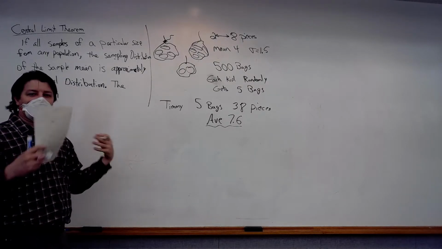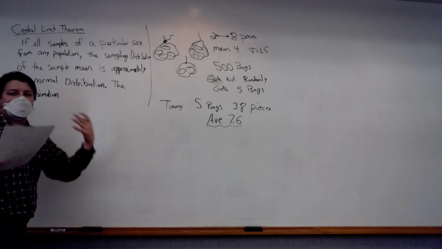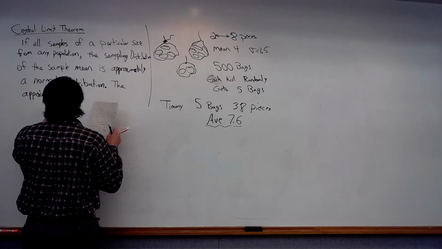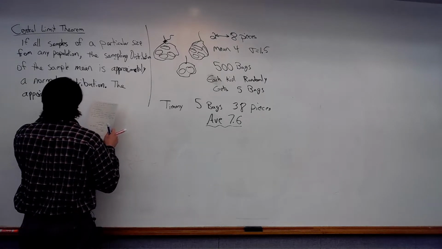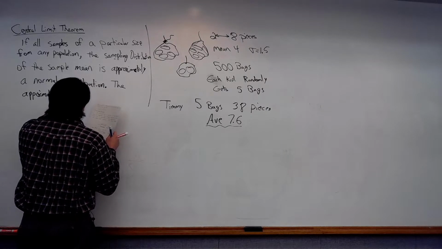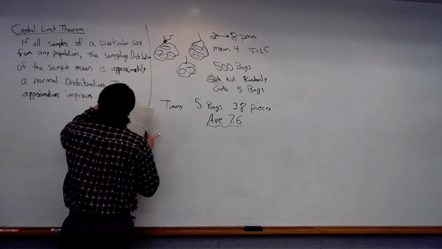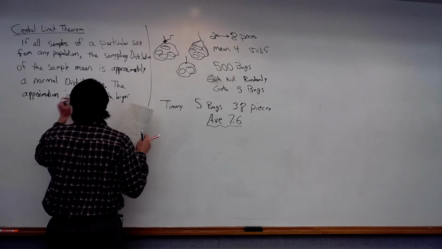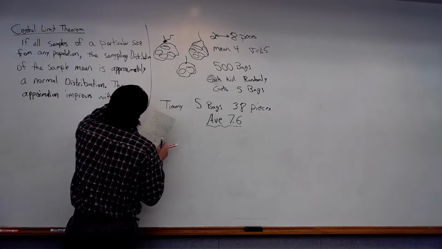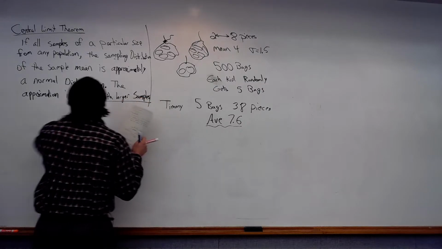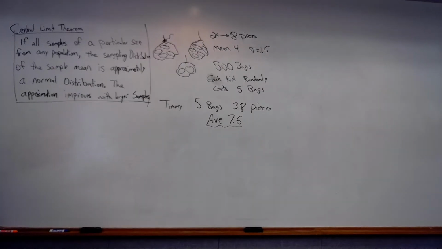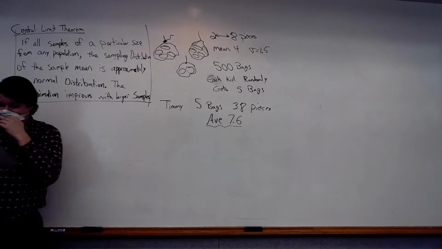So if we take a larger sample size, instead of 5, we take a sample size of 10, we're going to get a better approximation of a normal distribution. And we'll see that here in a little bit. Okay, so that's really the heart of Chapter 8.